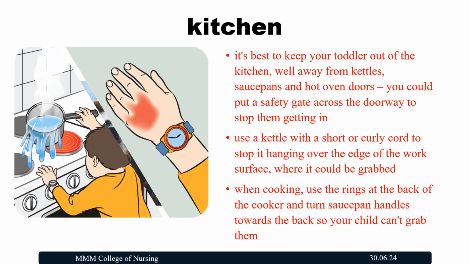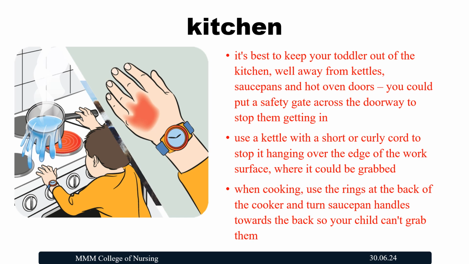How to prevent burns in the kitchen area. It is best to keep your toddler out of the kitchen, well away from the kettle, saucepan and hot oven doors, so it is better to put a safety gate across the doorway to stop children getting into the kitchen. Use a kettle with a short, curly cord to stop it hanging over the edge of the work surface.